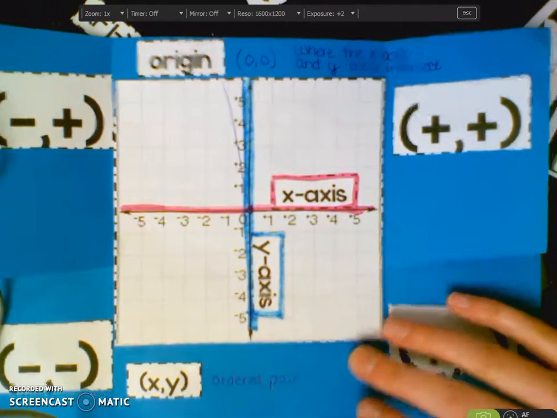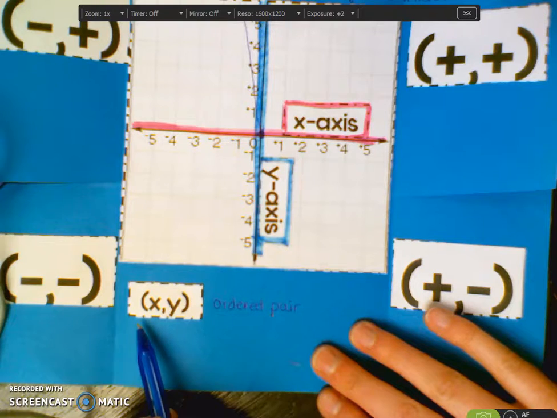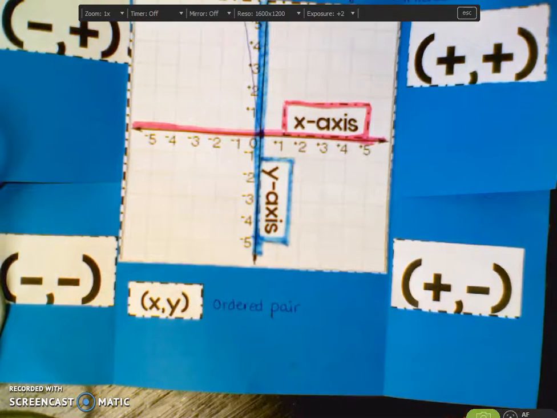Remember, you always graph x first, then y. This concludes the video of the overall Quadrant 1, Quadrant 2, Quadrant 3, Quadrant 4.